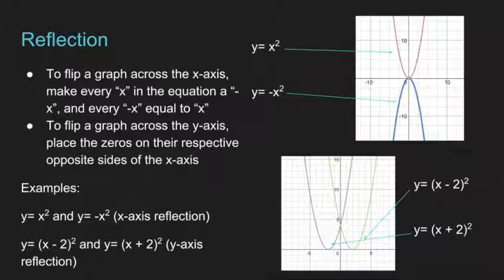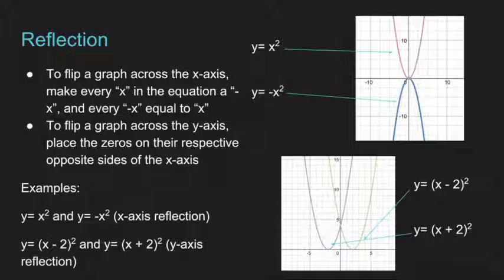Now, reflection is where you're essentially mirroring the graph over an axis. To flip a graph across the x-axis, make every x in the equation a negative x, and every negative x equal to x. And this can be seen in the graphs of x squared and negative x squared on the top right.